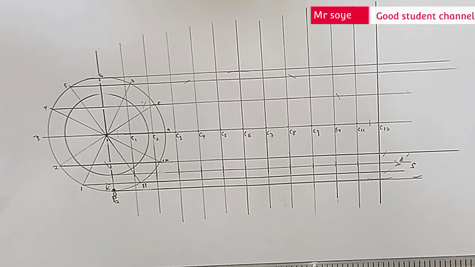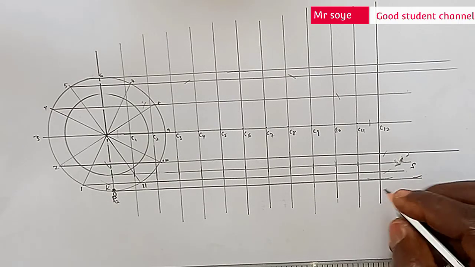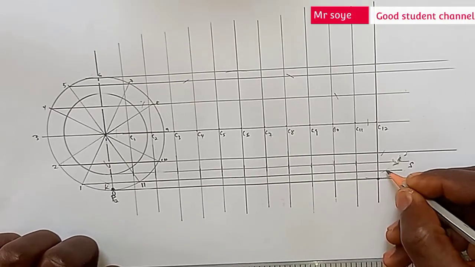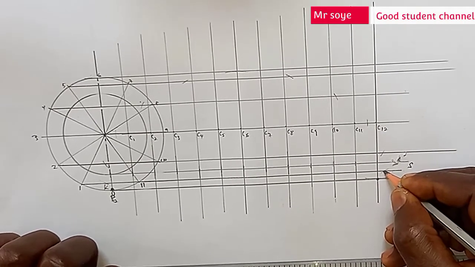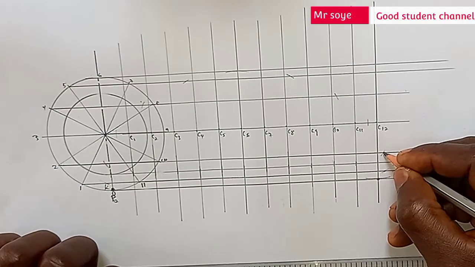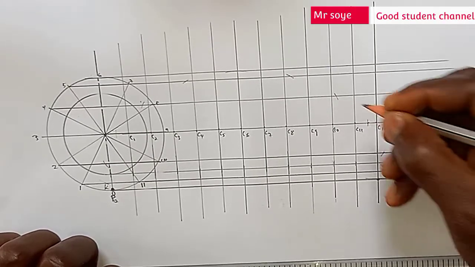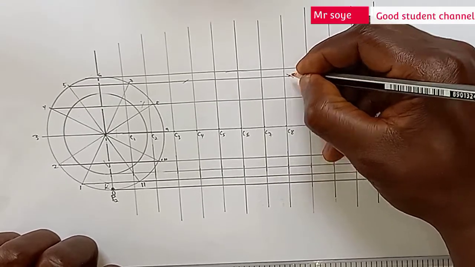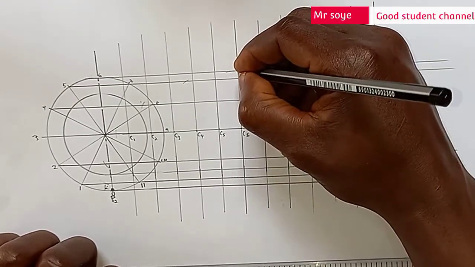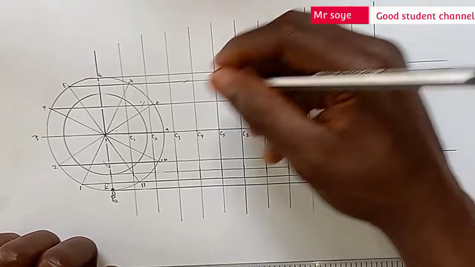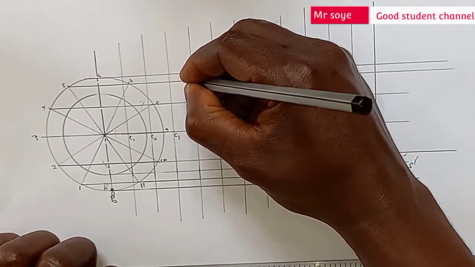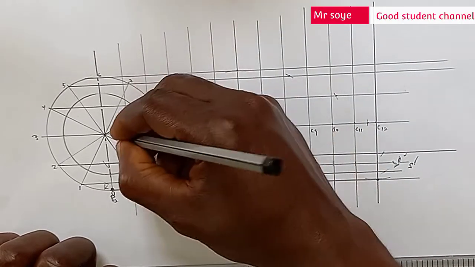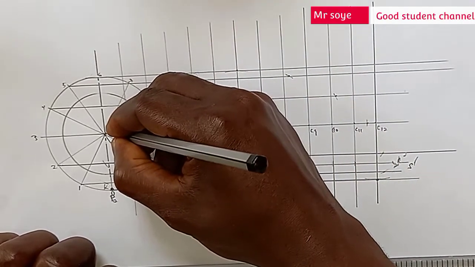So at this point now, you pick those points where it's touching the horizontal, it's touching it here, the center, touching it here, here, here, here. Now once you locate those points clearly, then get your French curve or flexible curve to join it.